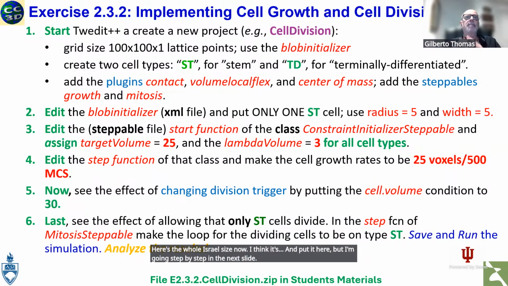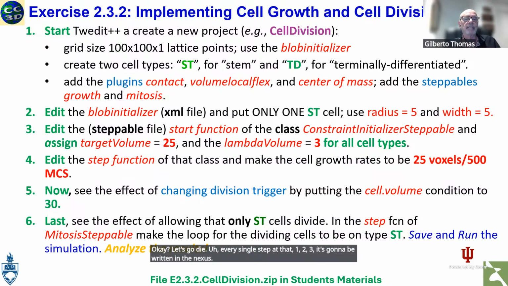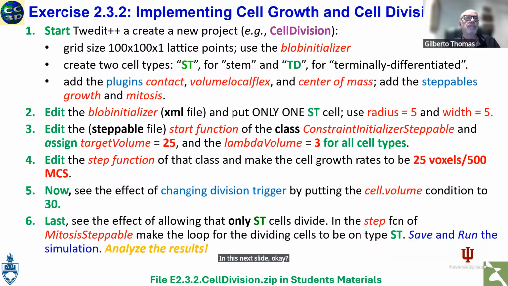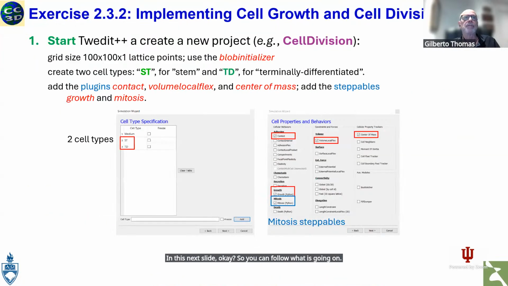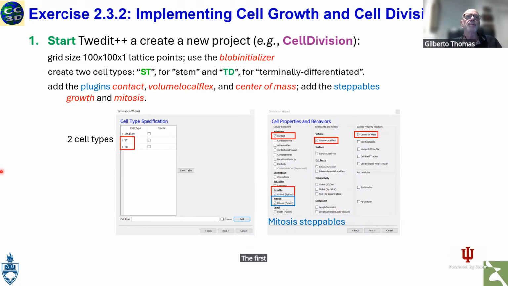Okay, let's start from scratch. Start to edit and create a new project. Every single step, 1, 2, 3, is going to be written in the next slides, so you can follow what we are going to do. Here, you start to edit, create a new project, and so on. The first part we already know.